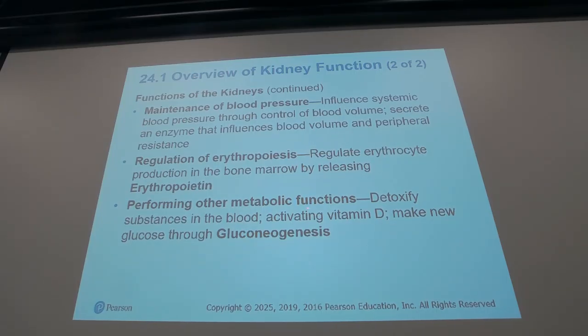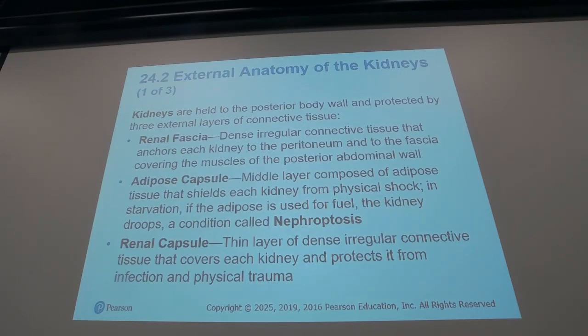And then also, of course, they detoxify substances from the body, like drugs and wastes, and hydroxylate vitamin D. It's the second hydroxylation of the precursor of vitamin D so that we can have an active form of vitamin D. And they can make new glucose through gluconeogenesis. So those are the functions of the kidneys.